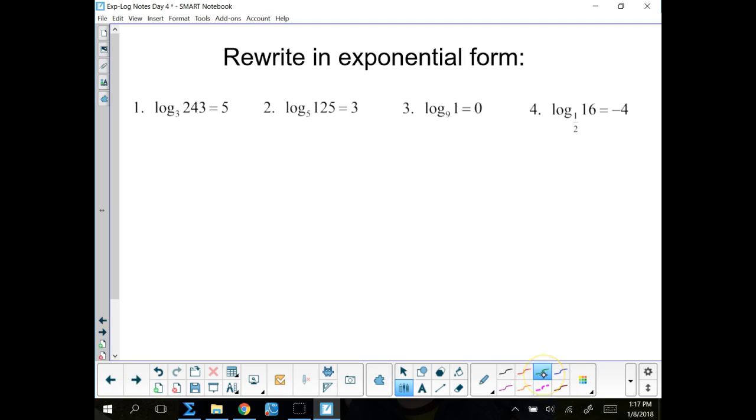So in this particular one, my base is what? 3. My exponent is what? 5. And my answer is 243. So I put that all together, and I get 3 to the 5th power equals 243.